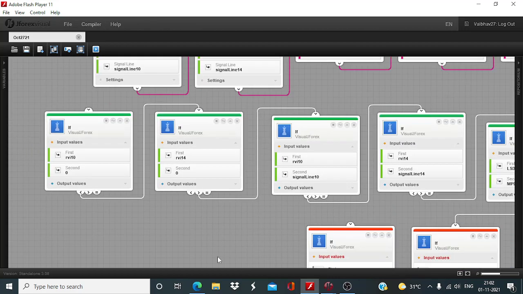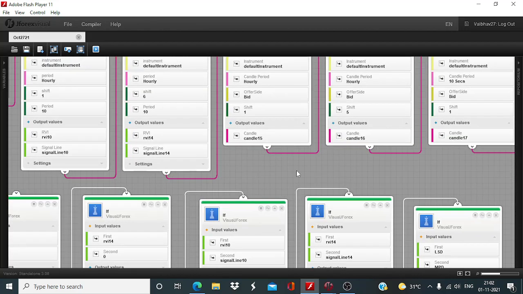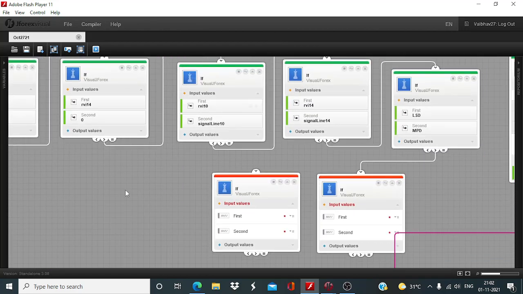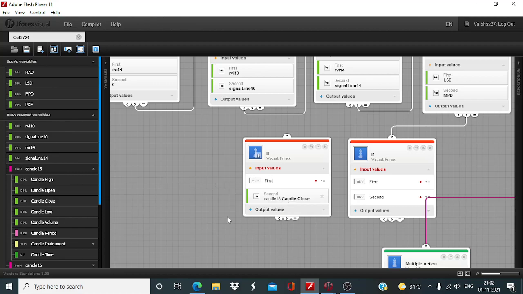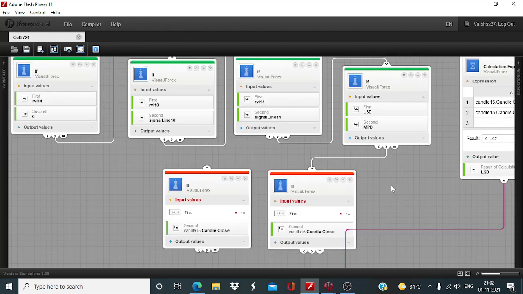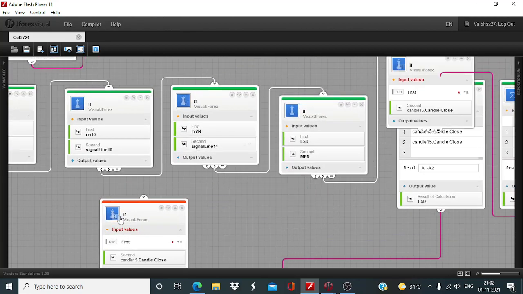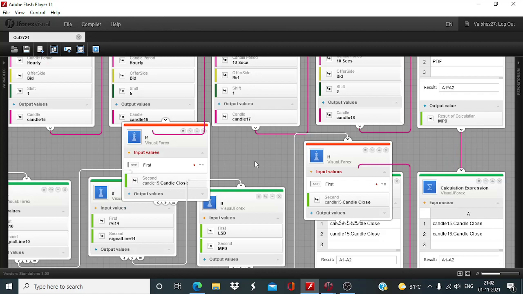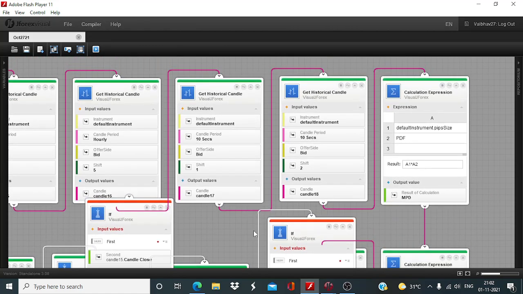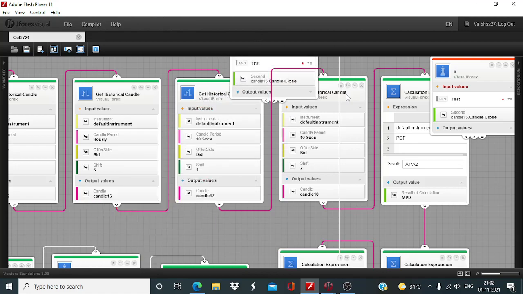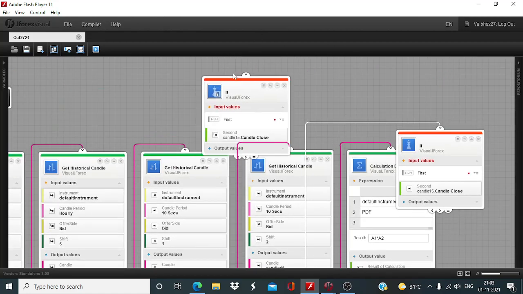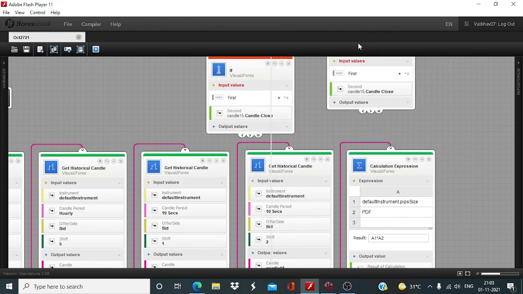and now I have to take the closing value of candle 15, which is going to be the common input for both these if-else statements. We compare it to candle 17 and candle 18, which are 10-second historical candle with the shift value of 1 and 2 respectively.